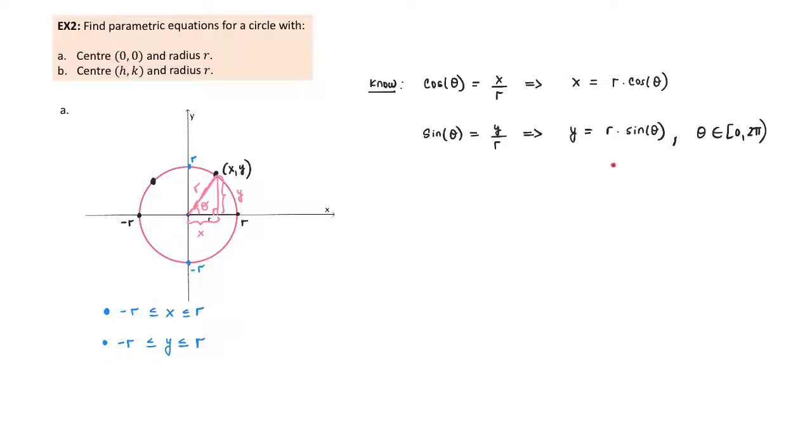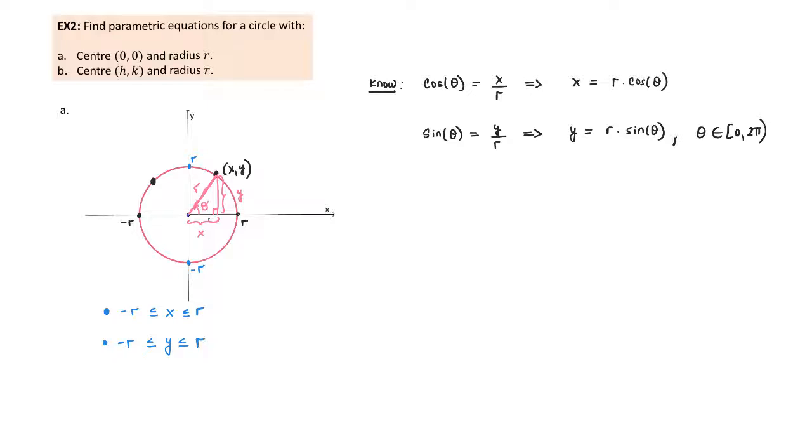I'm not going to do that because I'm hoping that you can easily verify it if you wish. But intuitively, this function is between negative r and r, and this one also is between negative r and r. So we are capturing all x values and all y values involved in the circle.